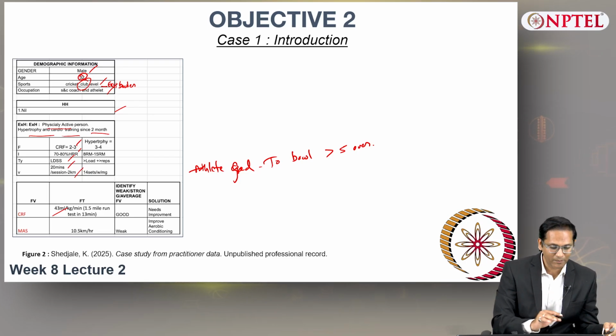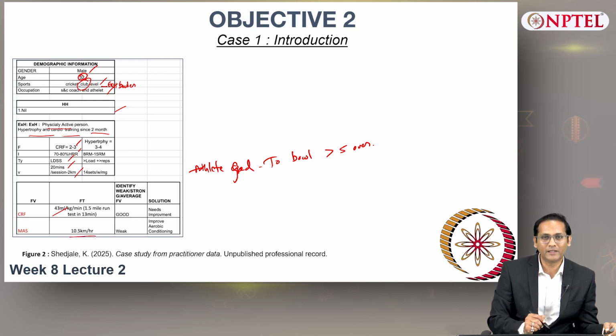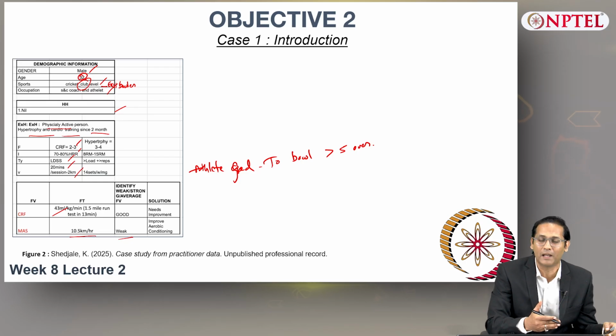At the same time, when it comes to the aerobic conditioning, the current capacity is 10.5 km per hour. This is again very weak, considering that he is actually even playing at the club level.